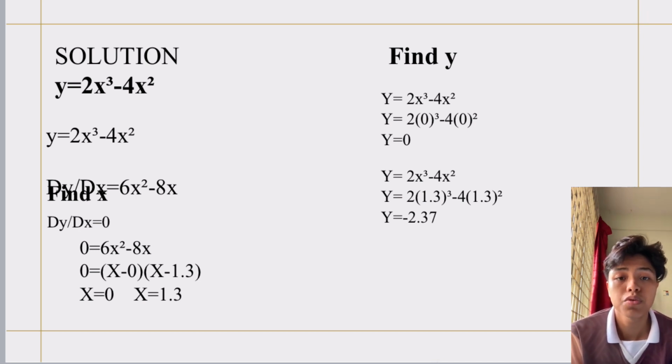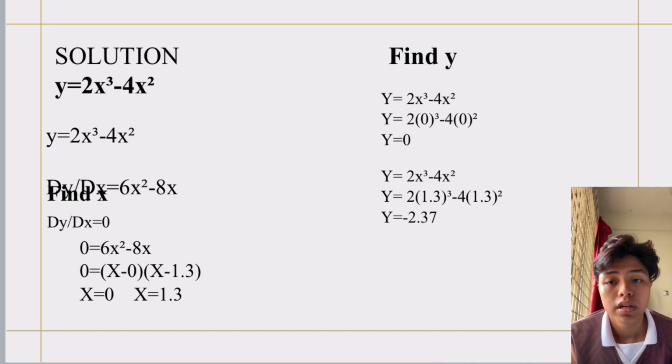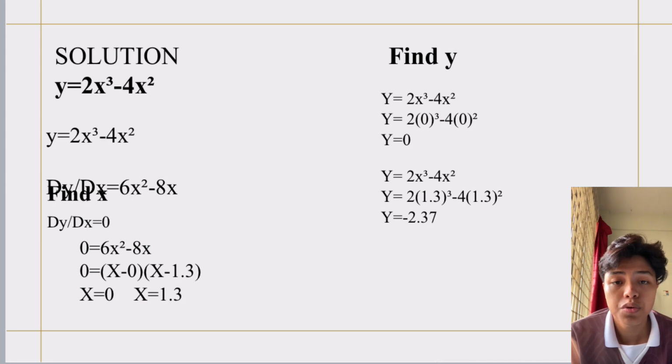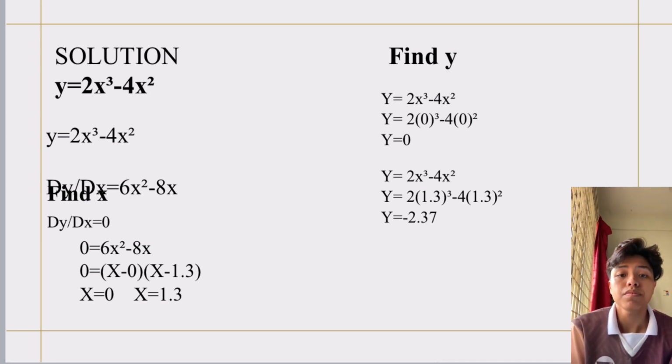We differentiate to get dy/dx = 6x^2 - 8x. To find x, set dy/dx = 0, so 0 = 6x^2 - 8x. For x1, the answer is 0, and x2 is 1.3.